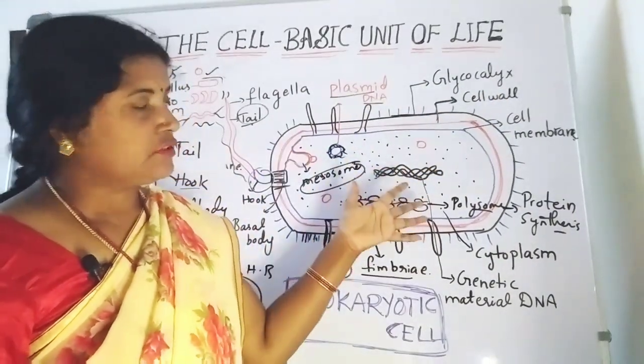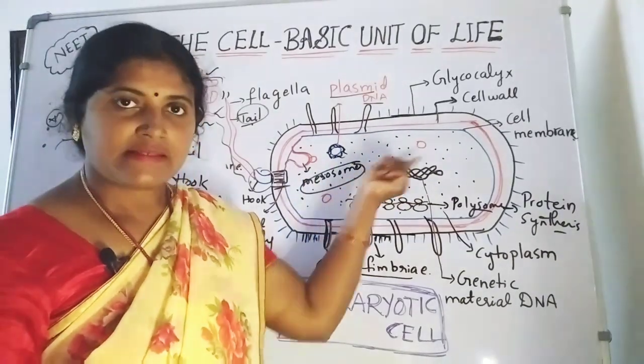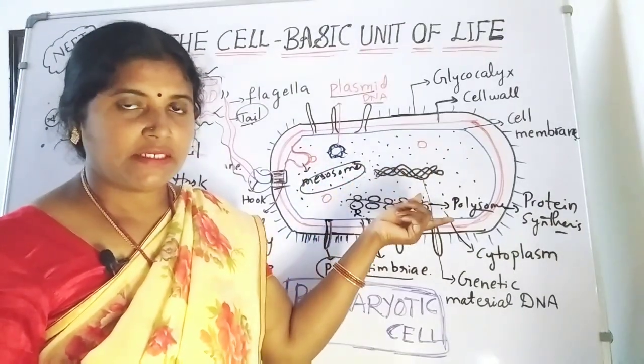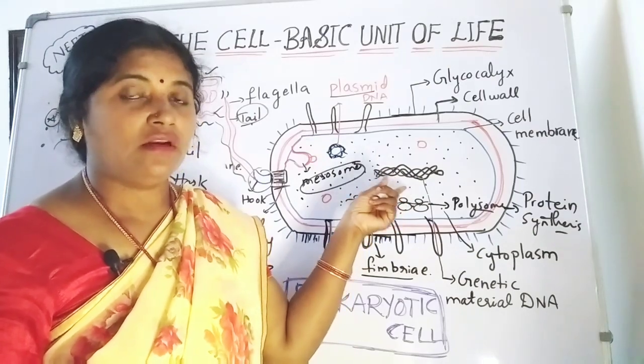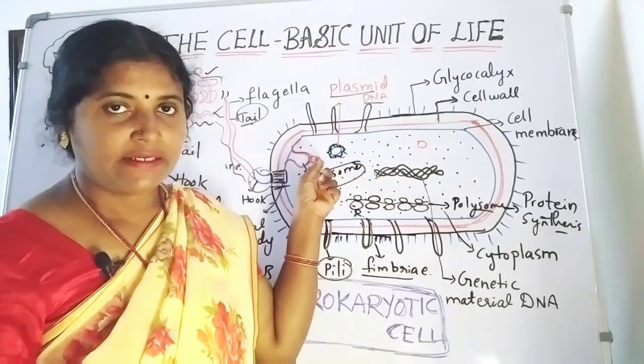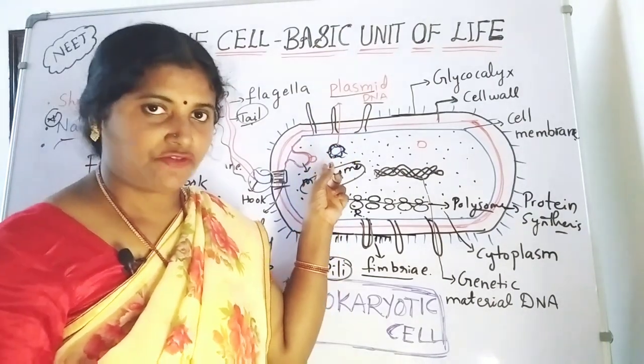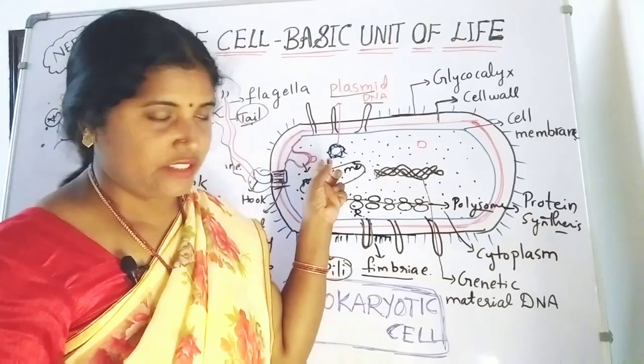Inside, the fluid matrix is known as cytoplasm. It contains the naked genetic material, DNA. Along with the long genetic material, it also contains small spiral DNA known as plasmid DNA, which is responsible for transformation of DNA in the host cell.